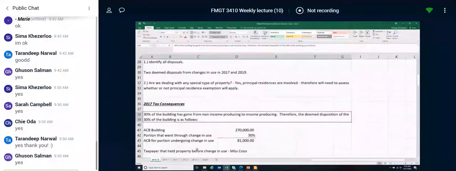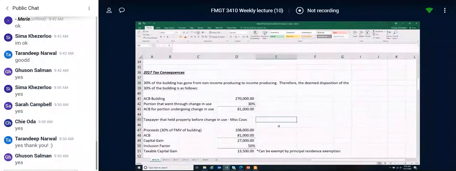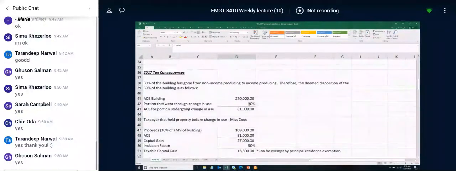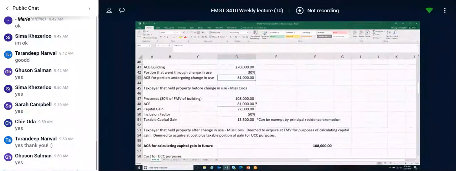2017, we have a change in use. So you sit there and say, okay, what is the ACB of the portion that's changing in use? Well, it's 30%. So 270, right? Remember, that's the original cost of the building. 270, 30%, 81,000. What's the proceeds? Remember, when you have a change in use, the taxpayer that held the property before the change in use is deemed to dispose at fair value.